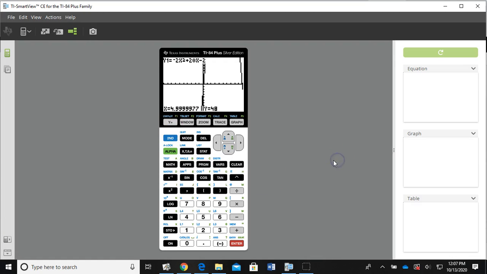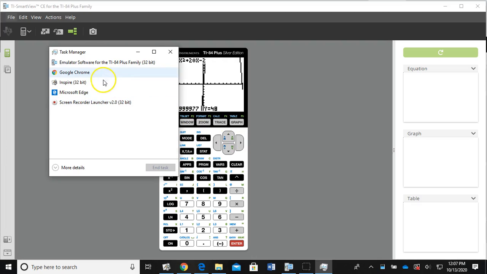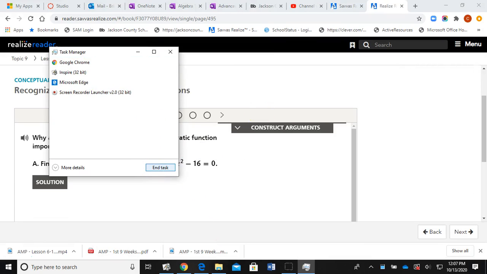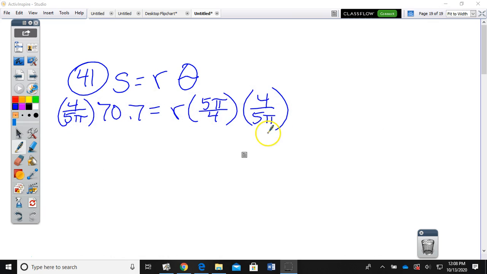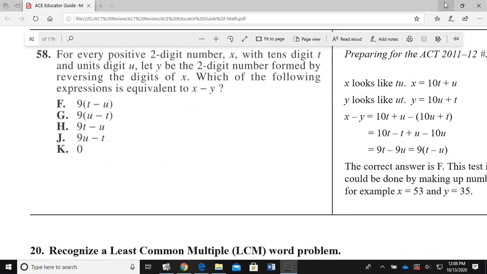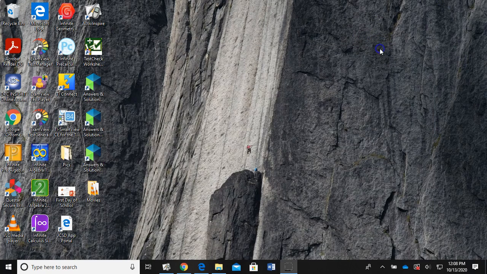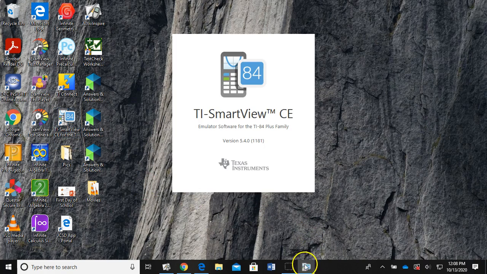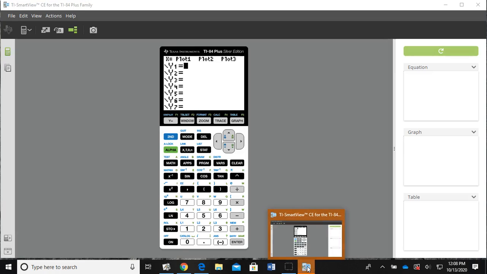Why is it not working? There we go. Now let me try this again. Sorry, my calculator was working, but it's not now. If you hit zoom and 6, it should fix it. Okay, there it comes up. All right, here we go.